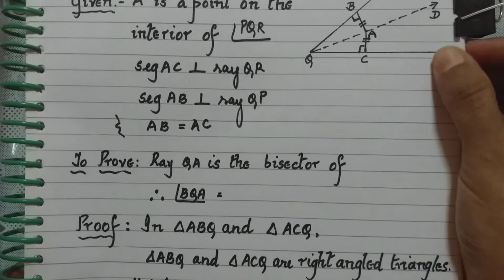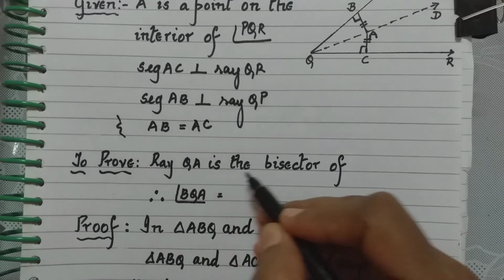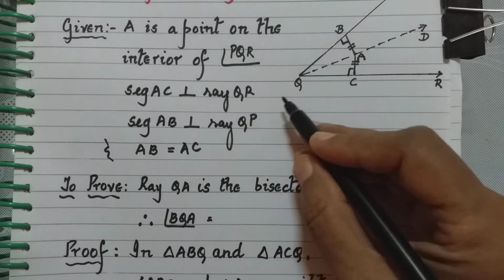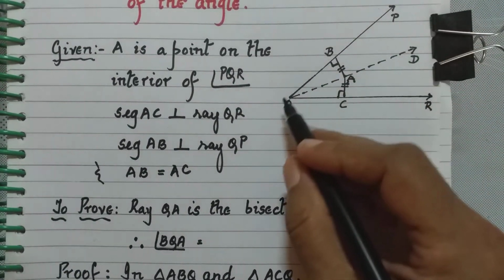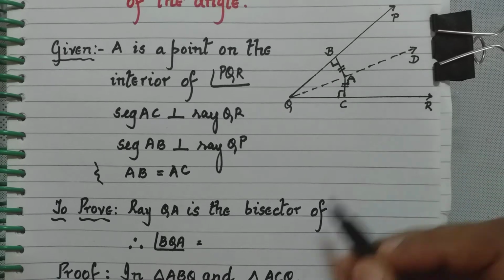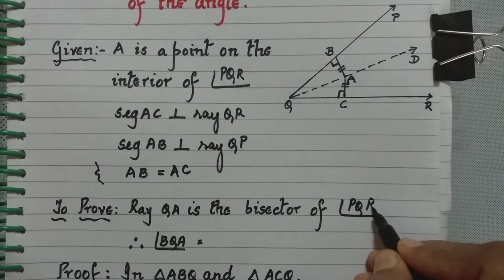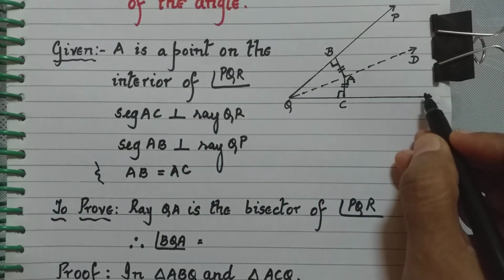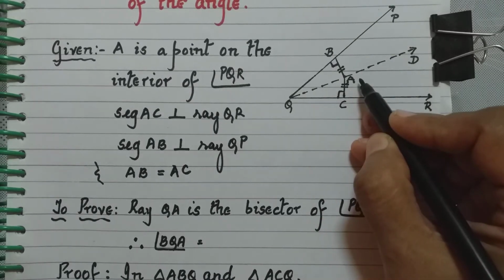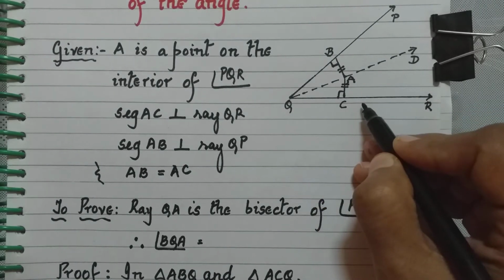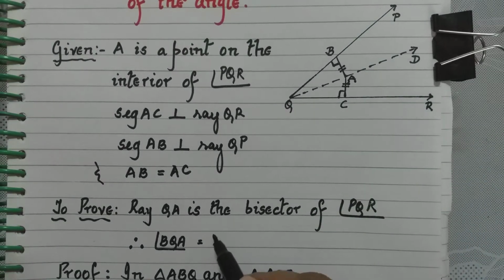Now, what are we to prove? That ray QA is the bisector. Ray QA should be the bisector of what? Of this whole angle PQR. So we write here of angle PQR. If it has to be the bisector, what should angle BQA be?